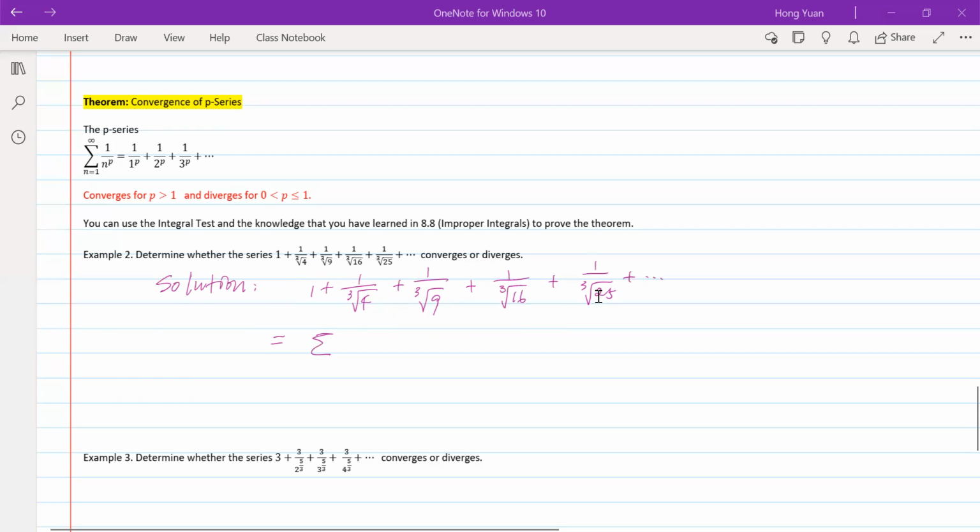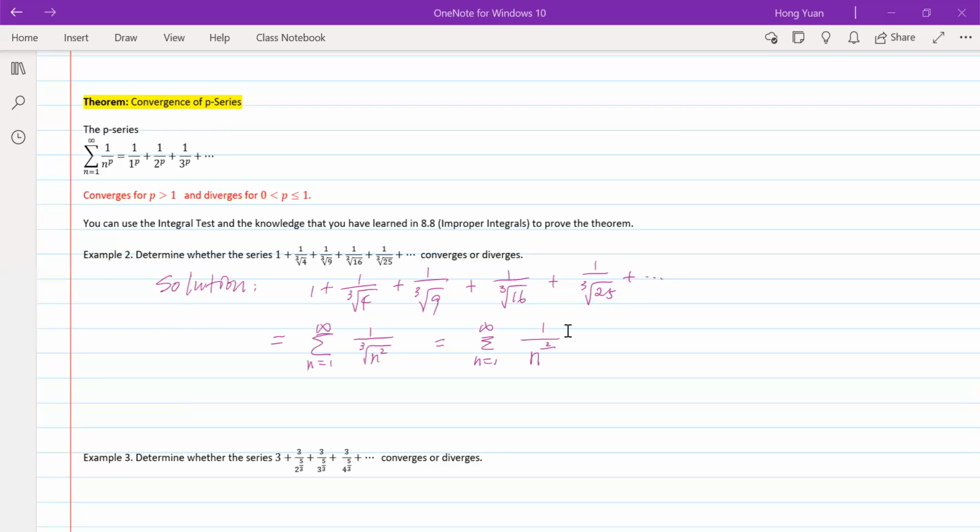So therefore, the nth term is 1 over cube root of n to the second power, n is 1 to infinity. And then we can write this as 1 over n to the 2/3 power.